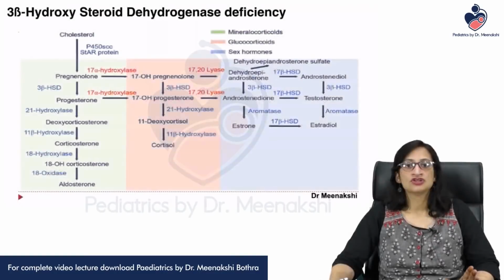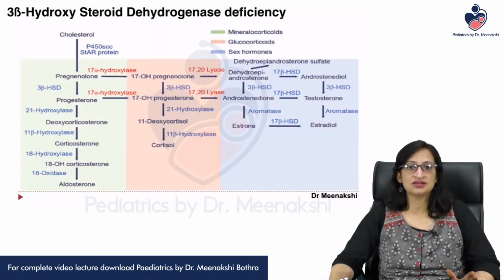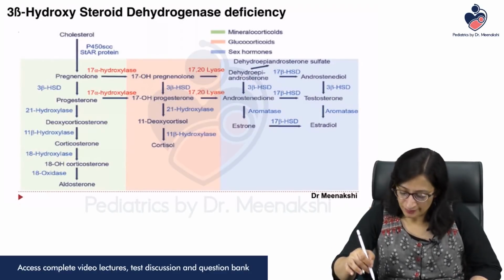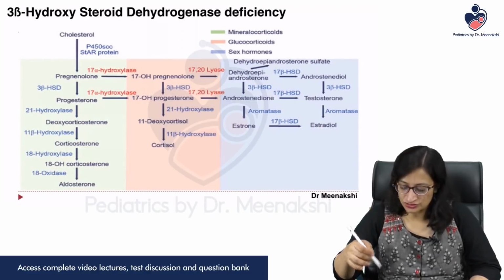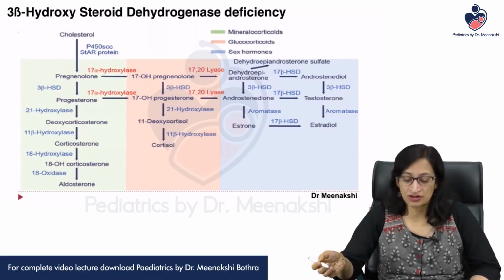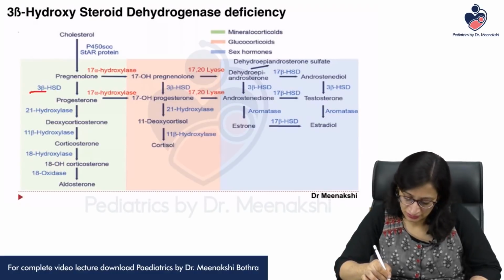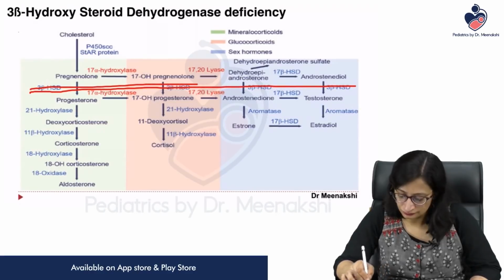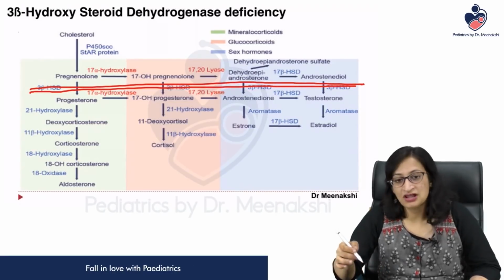Let us see what happens in 3-beta-hydroxysteroid dehydrogenase deficiency. Remember, this 3-beta-hydroxysteroid dehydrogenase enzyme is common to all three pathways. Let us see, the defect is here. So what will happen?